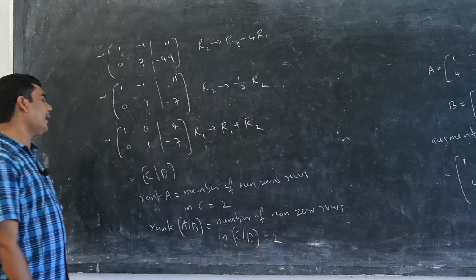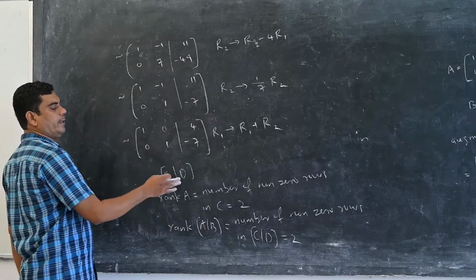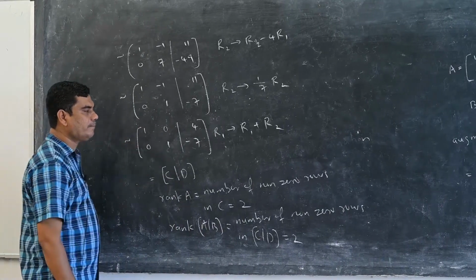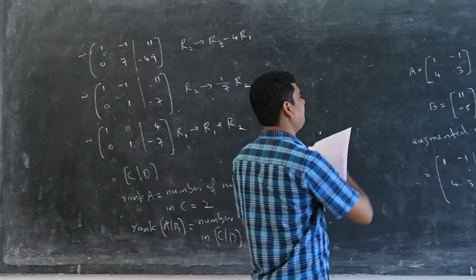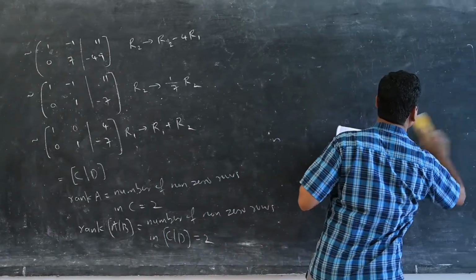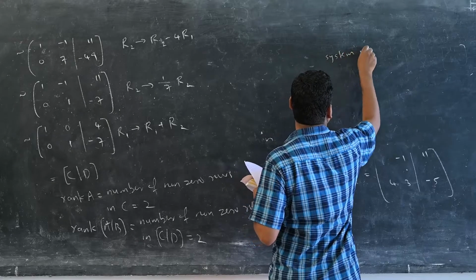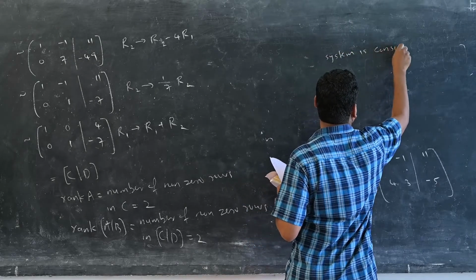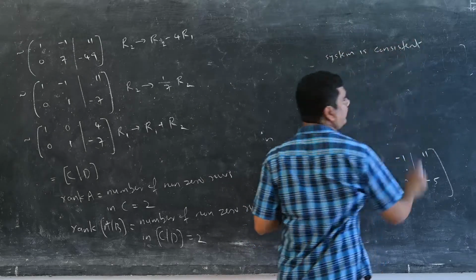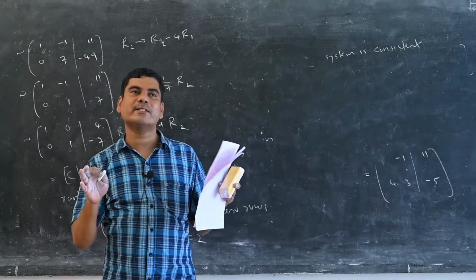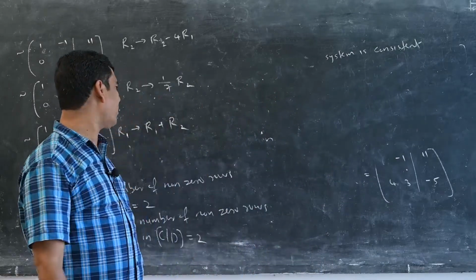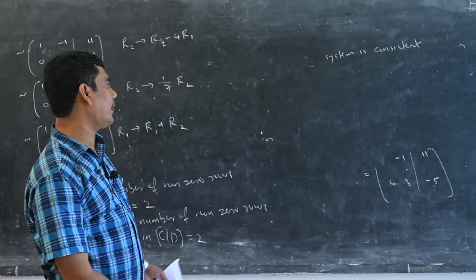So rank A is equal to rank AB. If rank A is equal to rank AB, this system is consistent. That means this system has a solution.